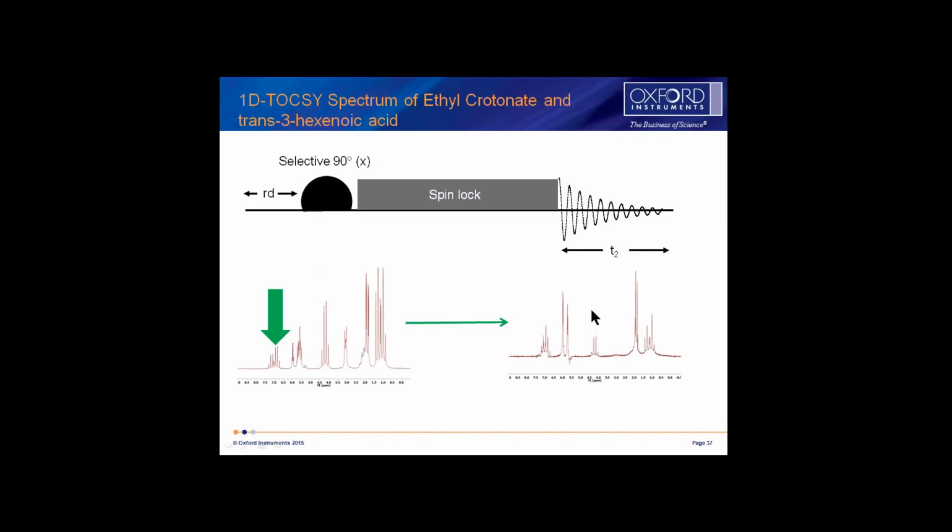Although there is some noise in the baseline, we actually think this is due to the spin lock. But what this presents is a way of getting single pieces of information that exist in a 2D spectrum, so particular pieces of information, very quickly using a 1D experiment.